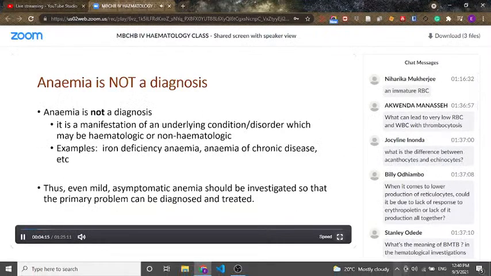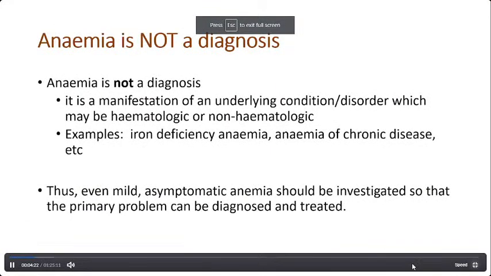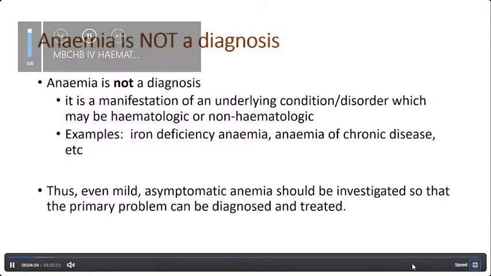Non-hematologic. So examples might be iron deficiency anemia. That may be a condition or is a diagnosis. An anemia of chronic disease, such as somebody who has a chronic renal disease or chronic cardiac disease. Very often they will present with anemia. All right.